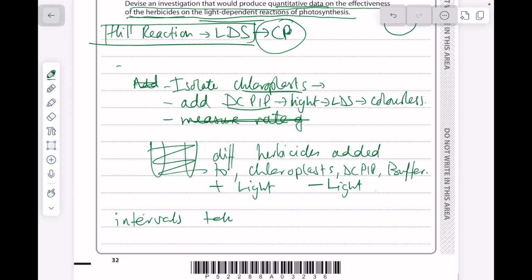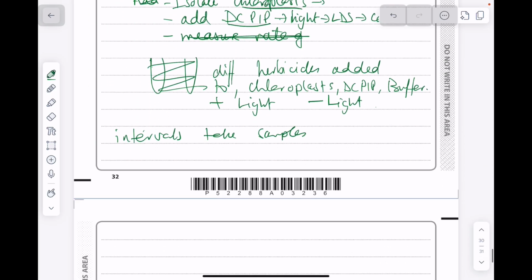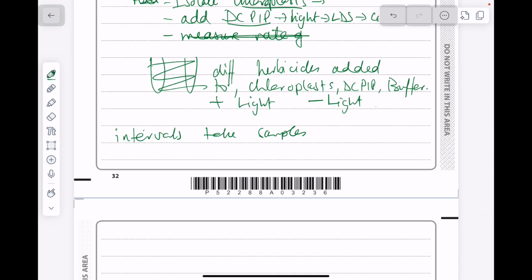we take samples out, because they've said quantitative data. So it's not just about looking at it and deciding whether the DCPIP has decolorized. At intervals, we need to take samples out and measure absorbance of light using a colorimeter.